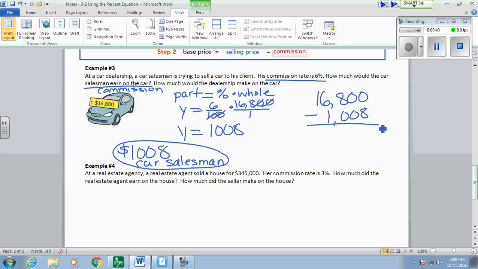And then that's where we're going to go through and get $15,792. That's how much the car dealership is going to earn. So that's that second step, that we're taking the base price, the $16,800, subtracting the amount of the commission to give us how much the dealership's actually going to get.